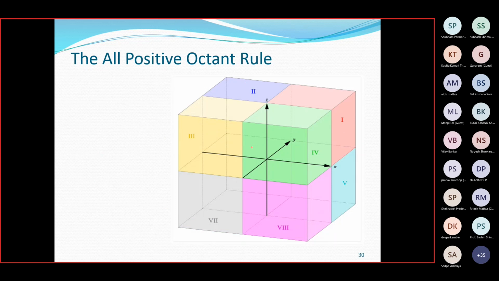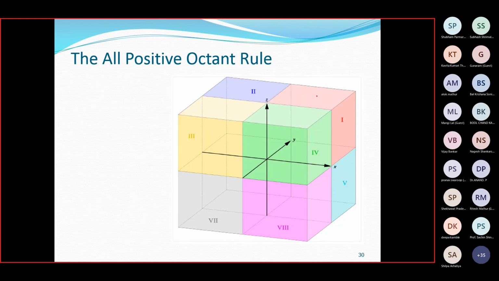So why am I saying that all coordinates should be positive? See, this is the x-axis. Each coordinate means one cube, because the 3D space itself is a cube. If you subdivide it from the middle, you will get 8 different cubes on the axis of the graph.